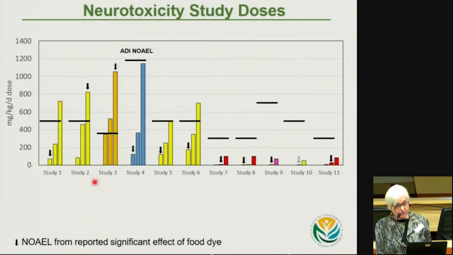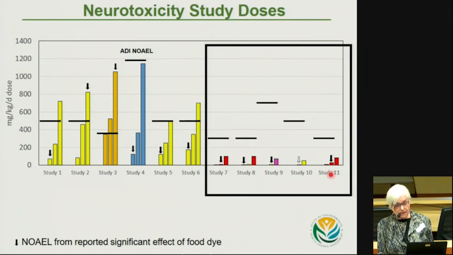Then this graph shows with the little arrow what the NOEL was in these adult neurotoxicity studies. Sometimes it was above the NOEL that was used for ADI development for these 2 dyes, but most of the times it was below, and sometimes it was quite far below.